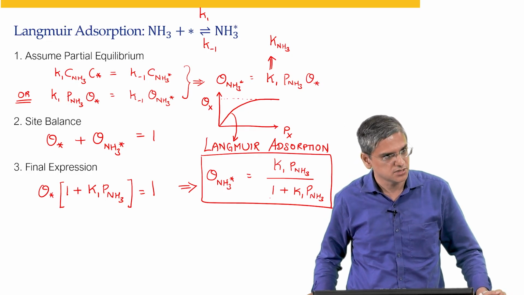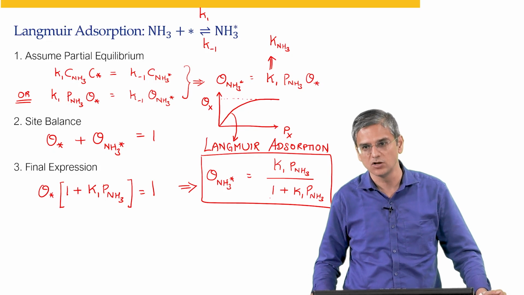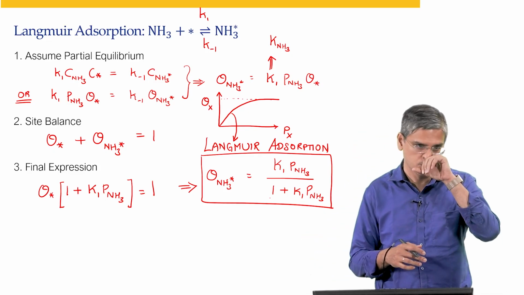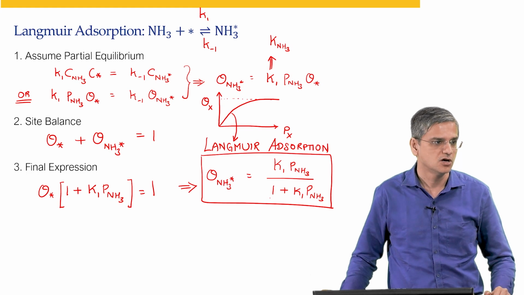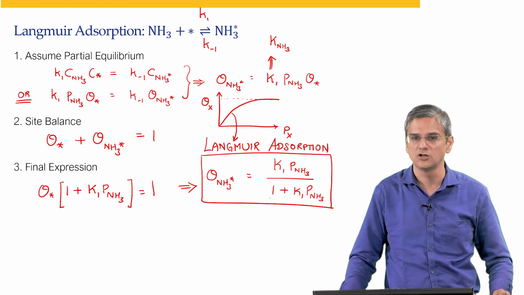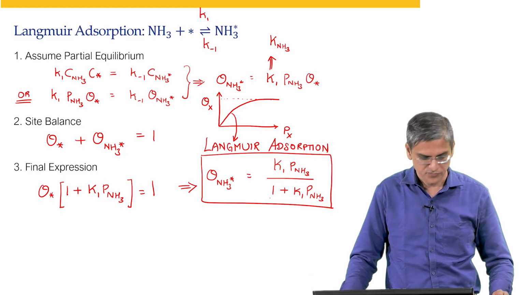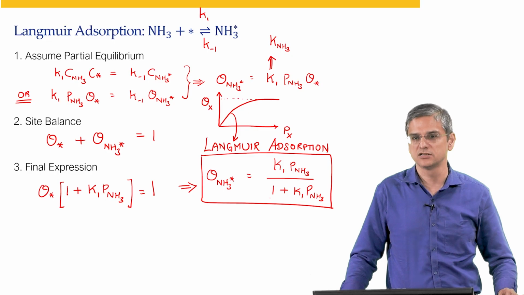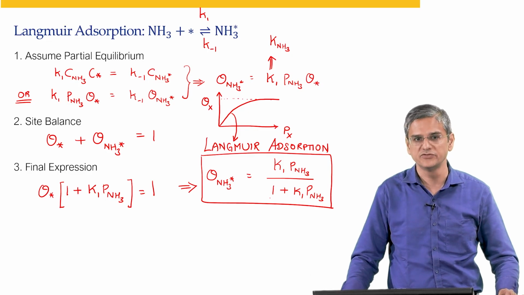That is an assumption, that is not necessarily always correct, because there are going to be interactions when more species are adsorbed on the surface, but that is a reasonable approximation for a lot of surfaces that we are looking at. Okay.